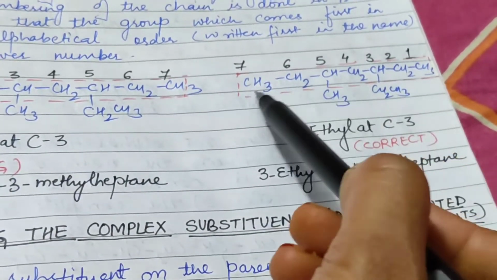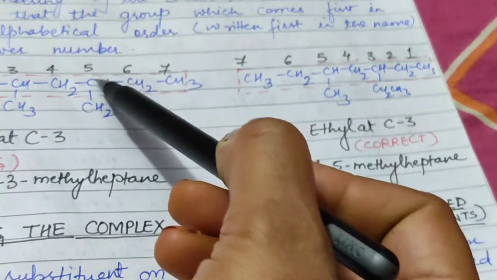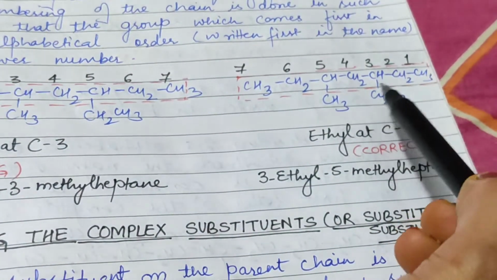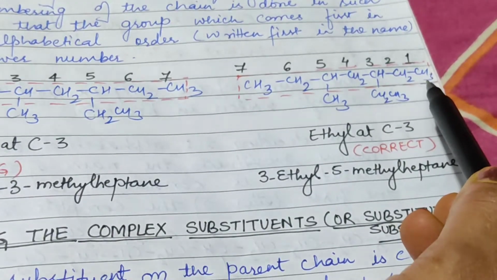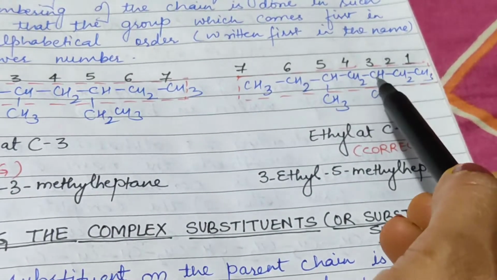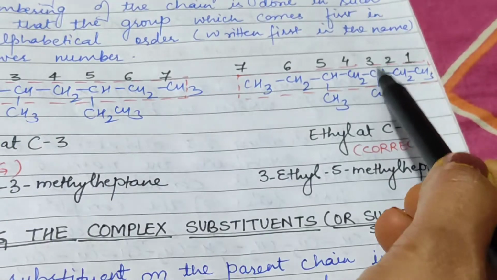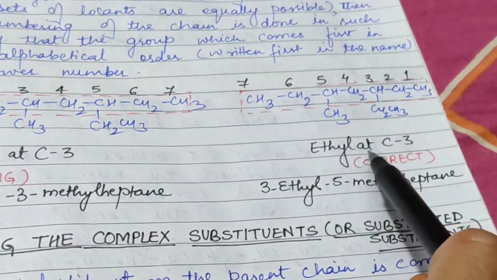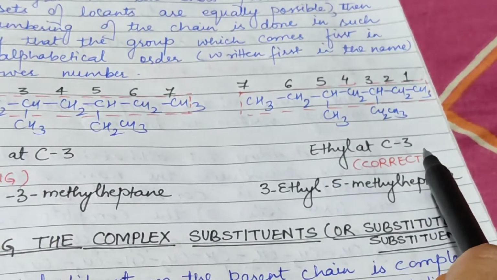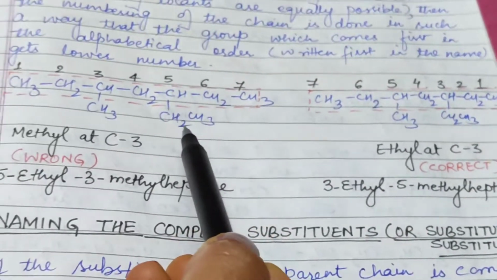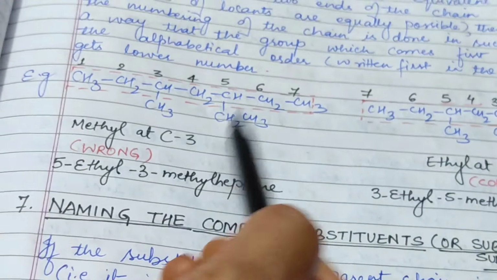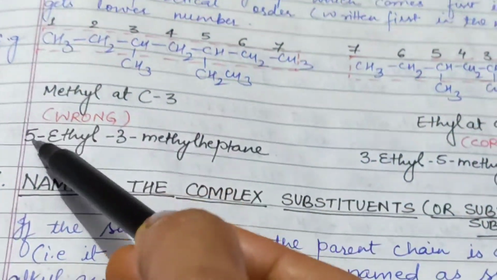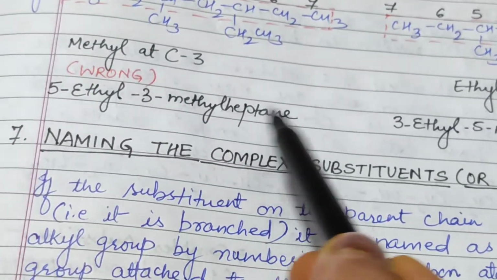The longest chain has 7 carbon atoms, but the numbering has to be done from where the ethyl is attached nearer, meaning it has been given the least number. Here ethyl is at carbon 3rd position. However, in this case ethyl is at 5th position. So this is the wrong IUPAC name given, 5-ethyl 3-methyl heptane.